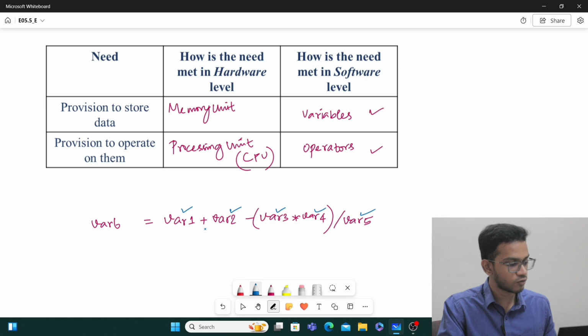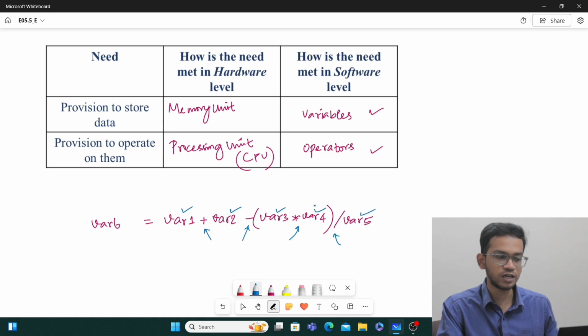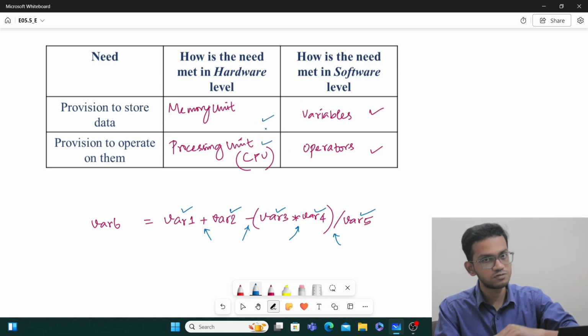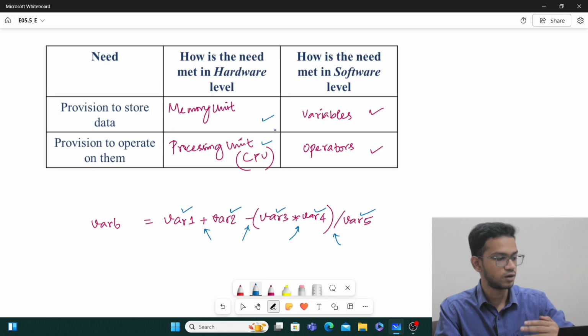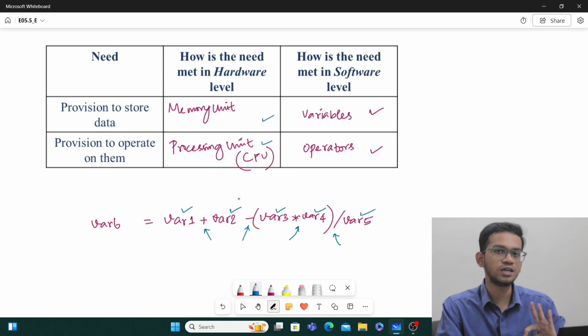And it makes use of all operators which are taken care of by the CPU. Whatever operation you are mentioning here is fundamentally taken care of by the CPU. So you are enabling the use of the memory unit through variables, and you are enabling the use of the processor through operators, and all you can do is form an equation which the computer can compute.